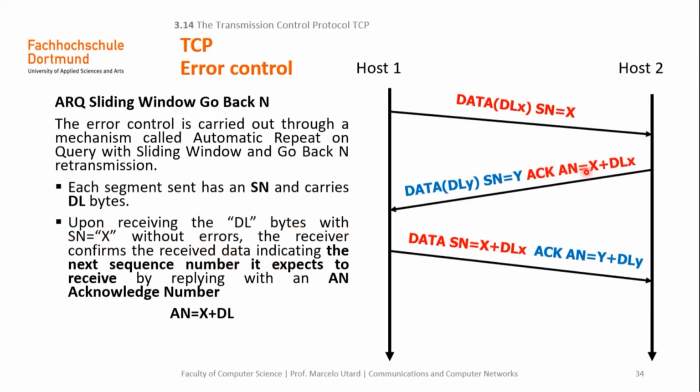Remember, this acknowledged number says that the receiver already received the data from X to X plus the data length of this segment minus 1, because remember, the first one is X, the second is X plus 1, until the last octet, that is X plus the data length minus 1.